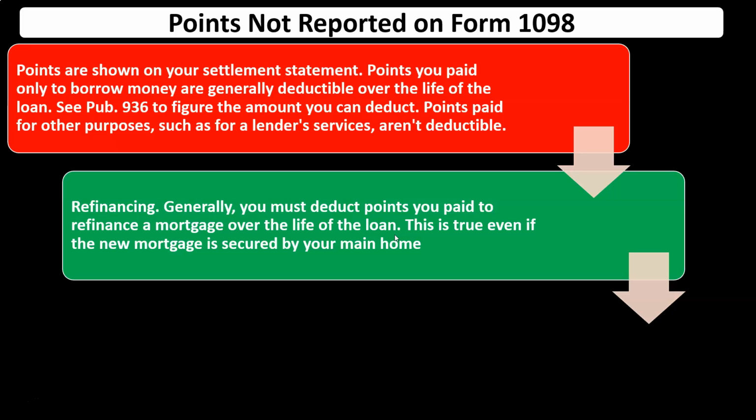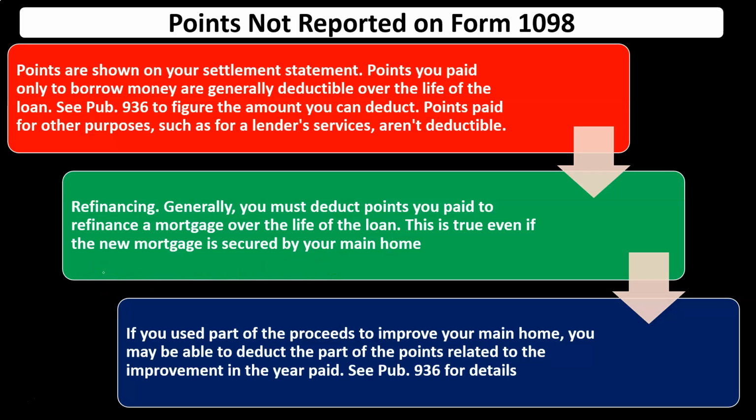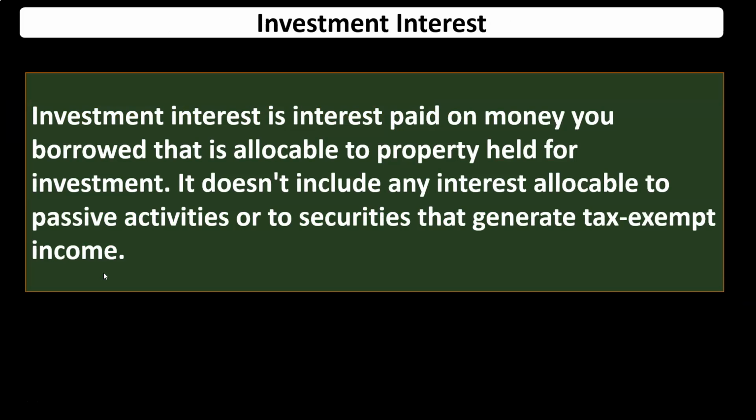If you have a new client that had points that are being amortized over the life of the loan, then you've got to make sure that you're setting up the new information in the software properly so that the amortization process is correct going forward. This is true even if the new mortgage is secured by your main home. If you use part of the proceeds to improve your main home, you may be able to deduct part of the points related to the improvement in the year paid. You can see Publication 936 for details there.